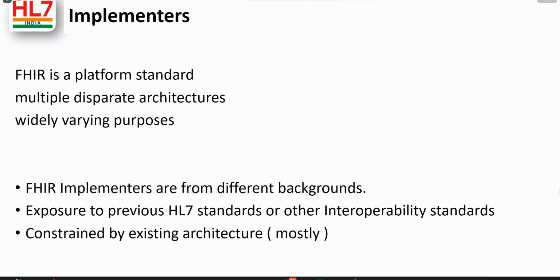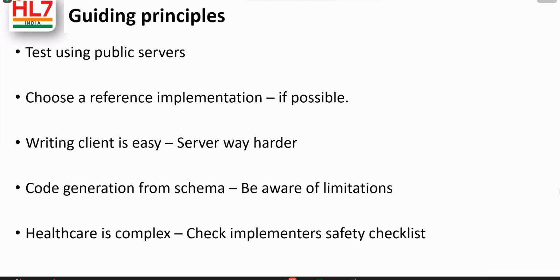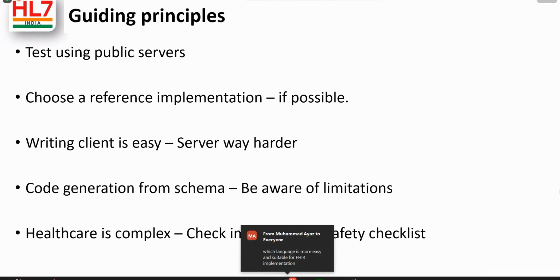And with that, what we do is come up with guiding principles for how to implement FHIR, instead of saying do these 4 steps. Because that is possible only if the use case is fixed and the skill set is fixed. Then we can come up with a defined set of rules.